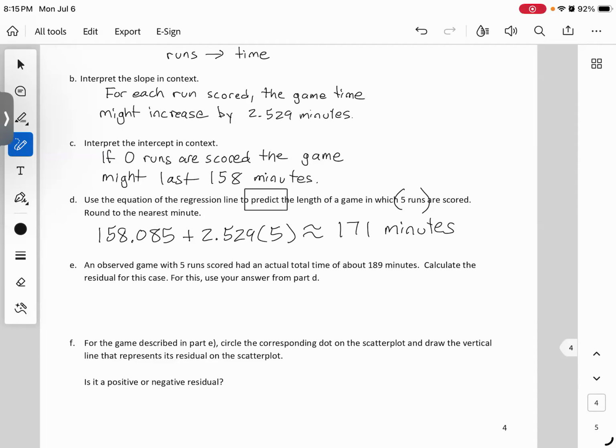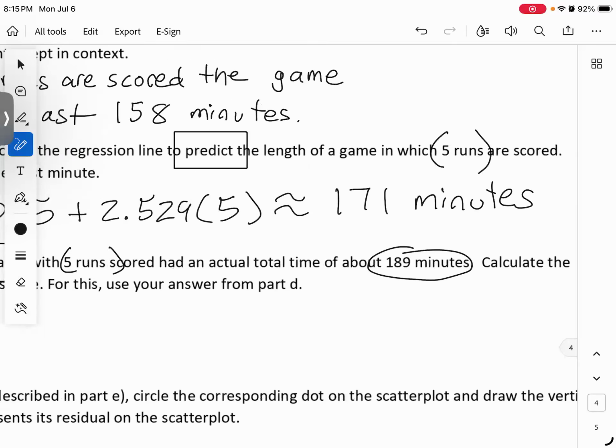And the only way you can calculate residuals is if you have a predicted and an observed. Now the predicted, we had to do a little bit of work. We had to put it on our calculator and actually type it all in, hit enter, and got our predicted. And now for the observed, that was an observed game where 5 runs were scored, but the game lasted 189 minutes.